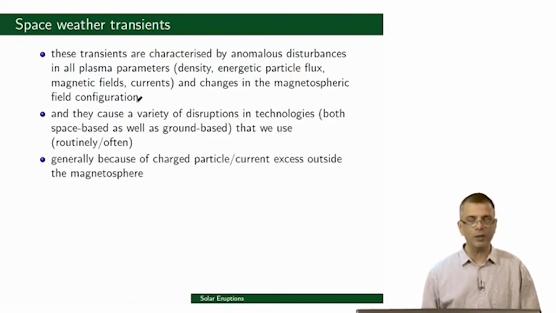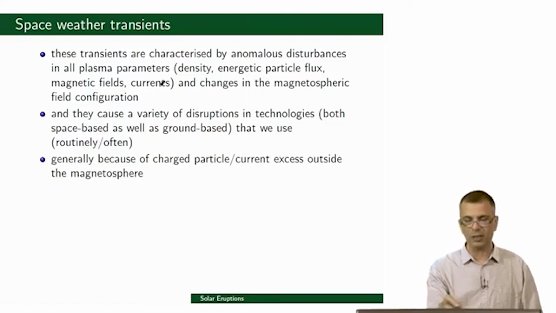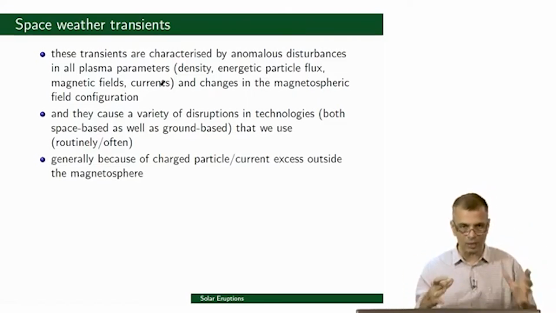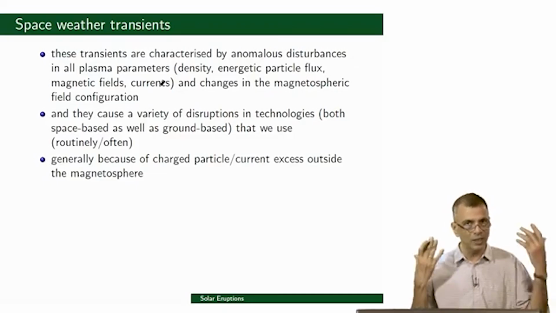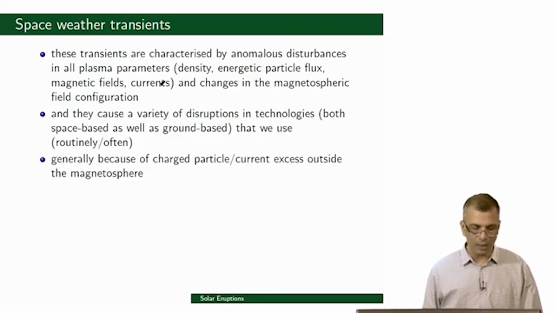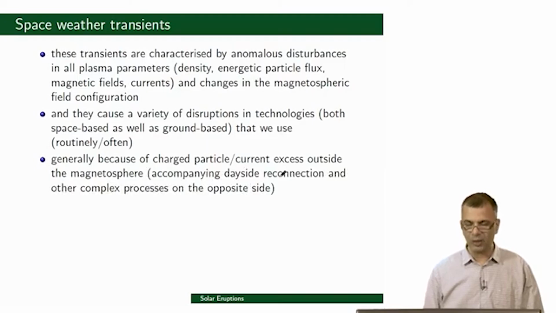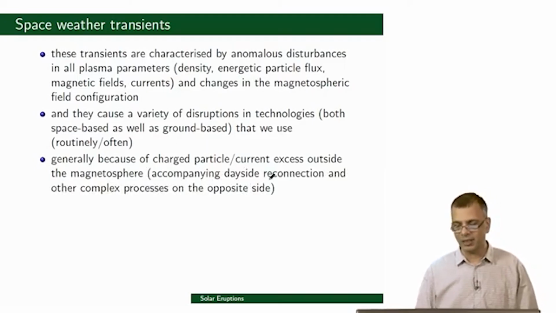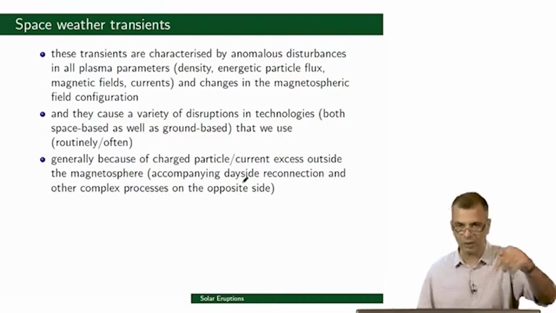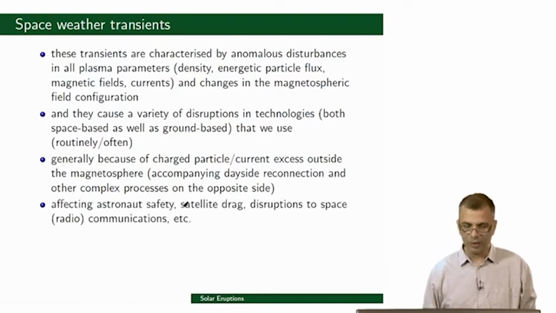So if the density, magnetic fields, currents, and so on in the atmosphere in which the satellite is operating change suddenly, the operations of that satellite will be hampered greatly. These things are generally because of charged particle or current excess outside of the magnetosphere, accompanying day-side reconnection, day-side meaning the side of the Earth that's facing the sun, and fairly complex processes on the opposite side, on the night side.